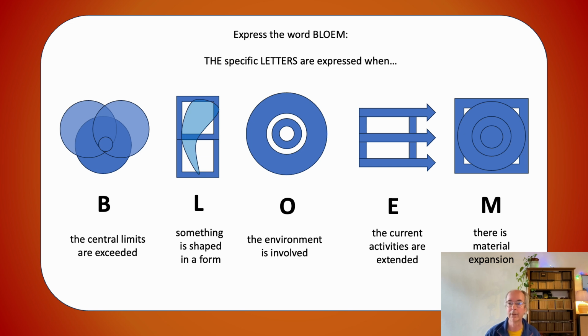And the M is where material is expanding and going to the maximum of a formation process. And that's how these letters will be used and combined. It will be easy to combine, as I said, because all of them show a certain growth.